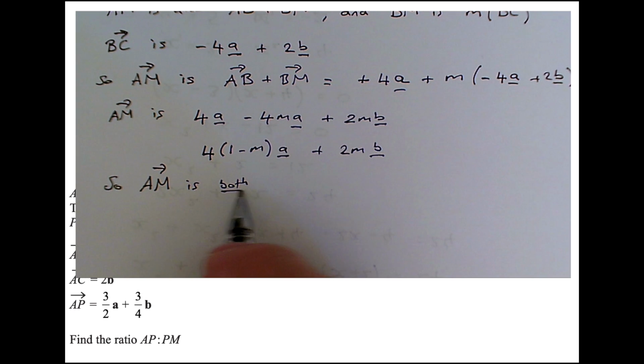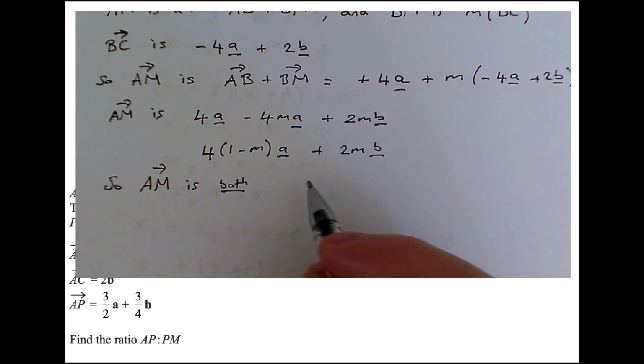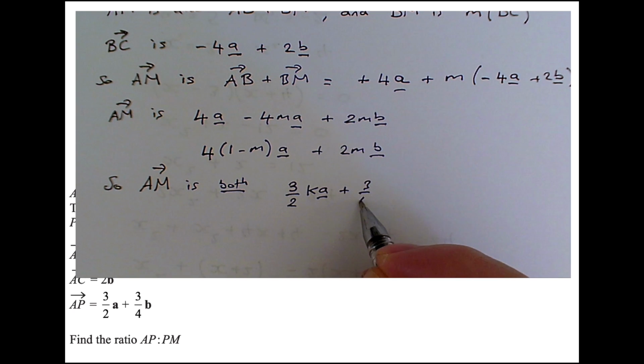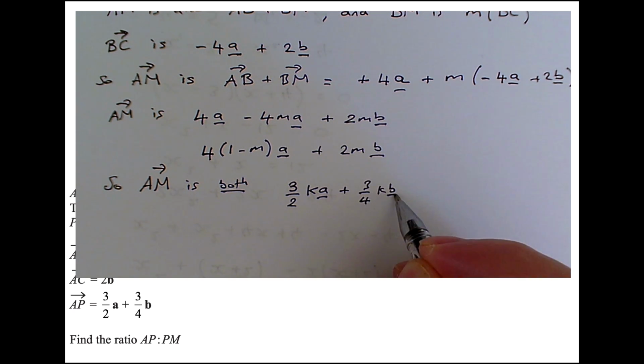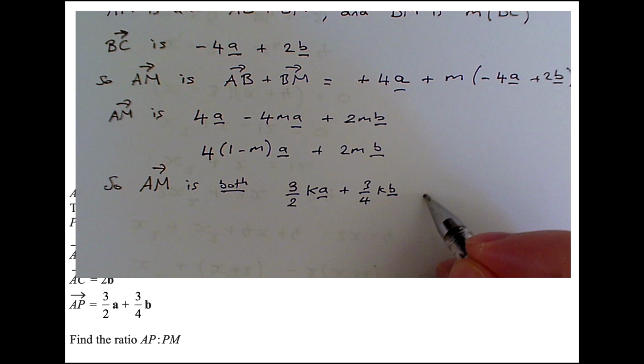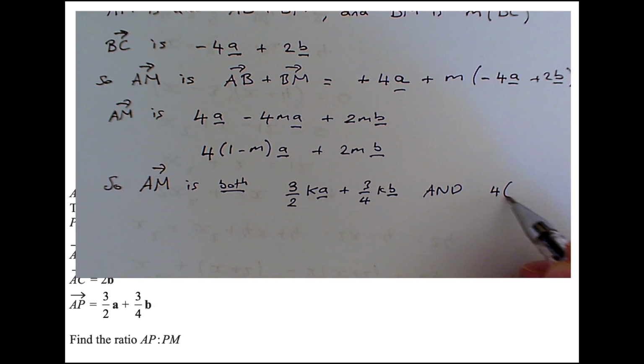A to M is both some multiple of the journey A to P and what I've also just discovered, it can also be written as 1 minus M lots of A's and 2M lots of B's.